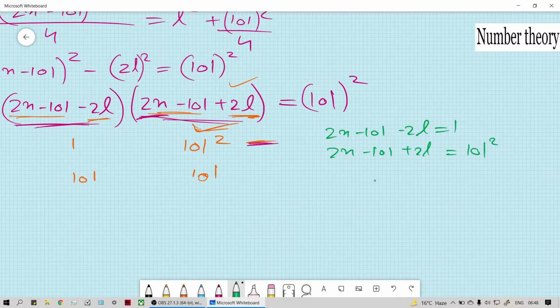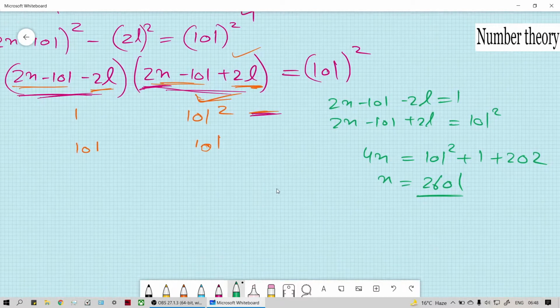We add them up, we get 4n equals 101 whole square plus 1 plus 202. If you simplify this, divide this, you will get n is 2601. You can do this calculation on your own.